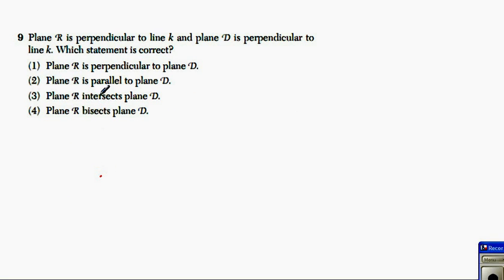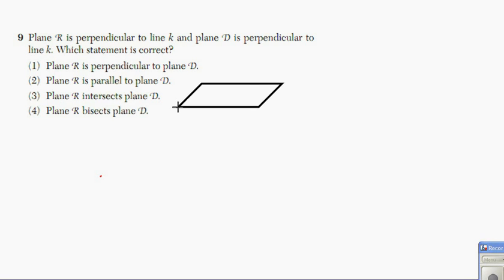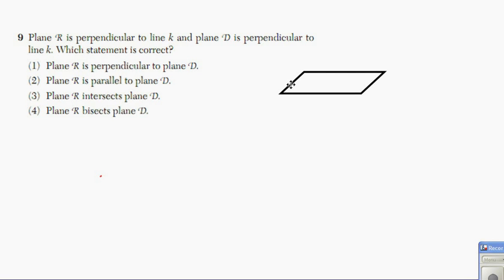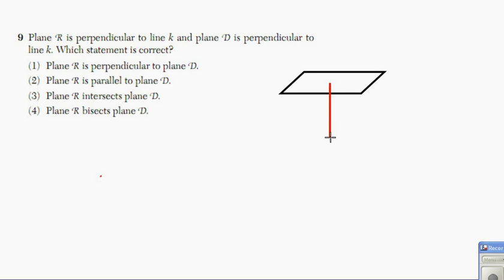Number 9. Now, plane R is perpendicular to line K. Imagine we have a plane right here. That's one plane. Of course, it extends in all directions, but perpendicular to line K. Imagine this is the perpendicular line.